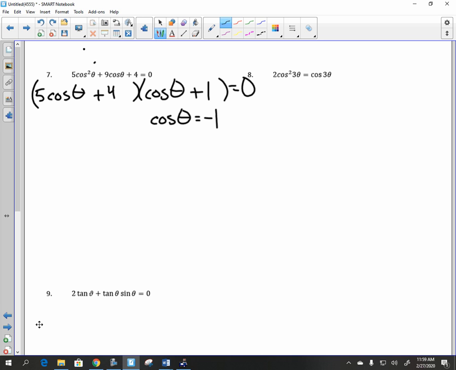Cosine of theta is equal to -1. So that's the question. Where is cosine equal to -1? That means, is cosine the x value or the y value? X. Where is cosine? Where's the x value? -1. 180 degrees. And then finally, this one, this would be where is cosine of theta equal to -4/5, correct? Where is cosine negative? 2 and 3.